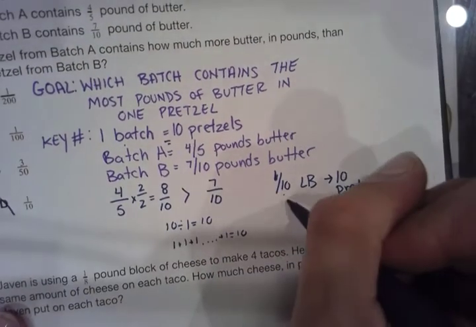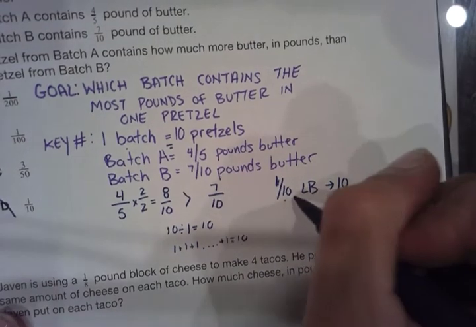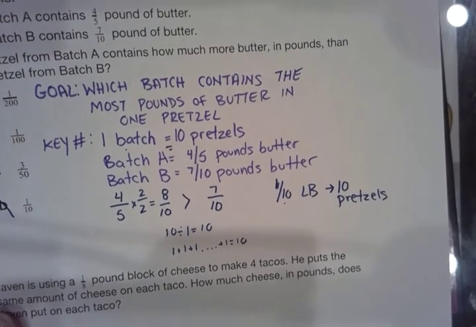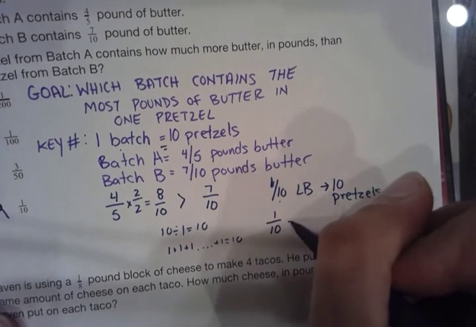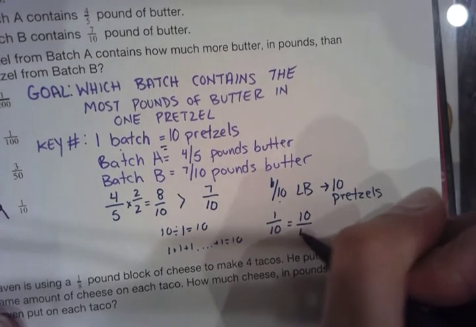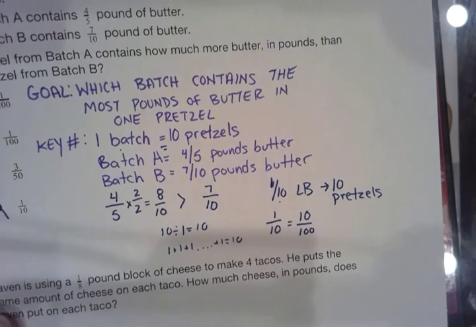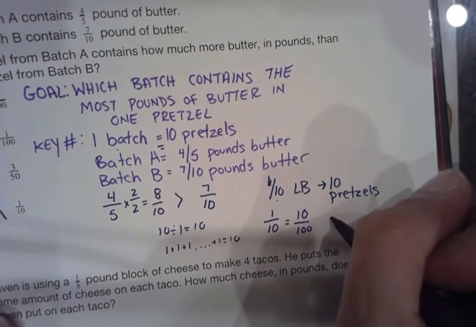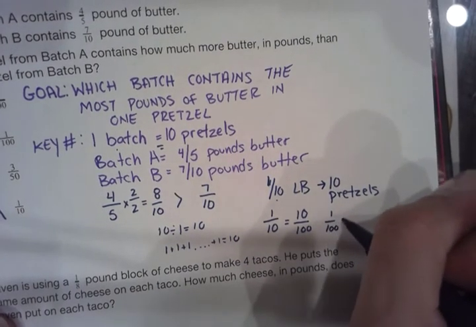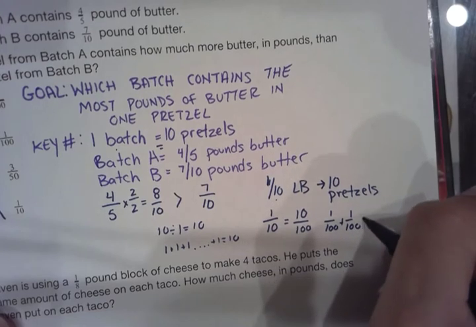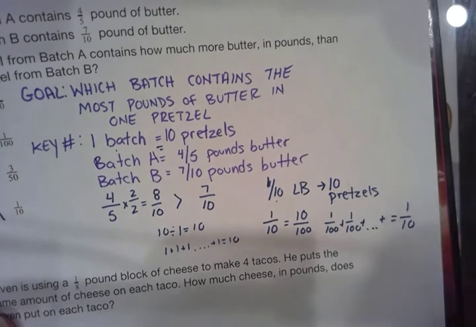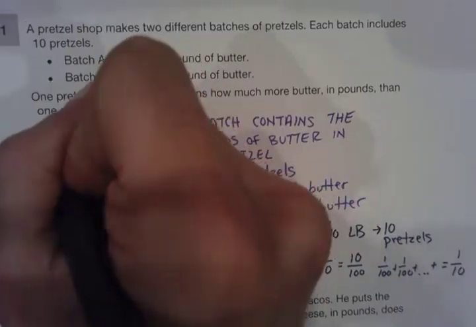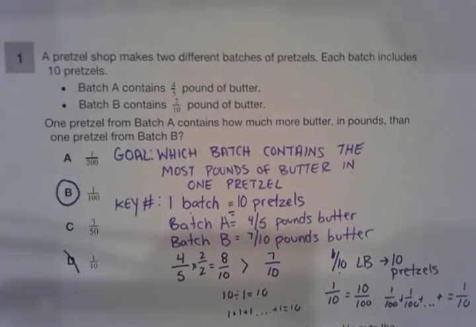So what number, added to itself 10 times, equals 1/10? Well, I know 1/10 is the same as 10 hundredths, meaning that I'm going to need 10 1/100ths to get to 1/10, making our answer 1/100th.